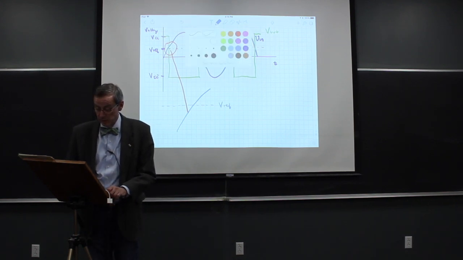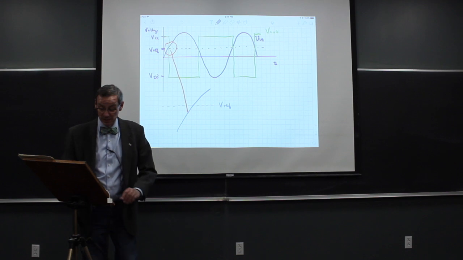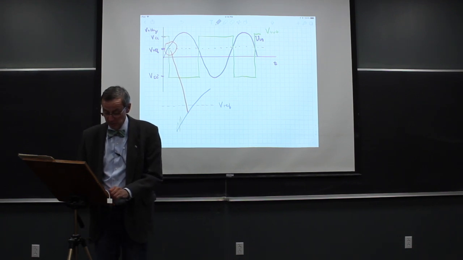And now let's assume the input voltage is a little bit different than that. Instead of being something smooth like this, let's assume it's a noisy signal. So it's bouncing up and down. So it's not very stable.